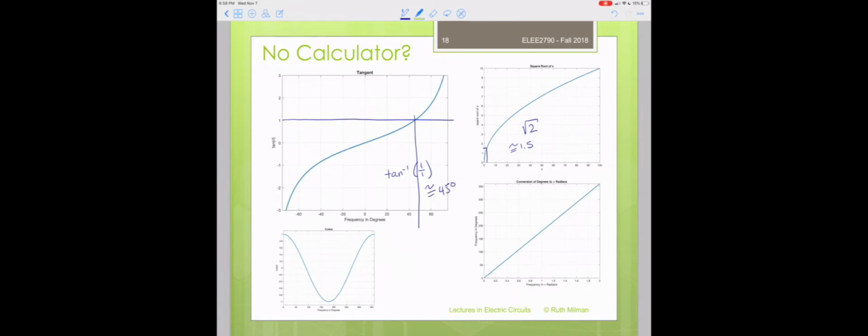So again, what you do is you take a look at the number that you're looking at, draw a line across it, find the point where that intersects, drop a line down, and that's equal to the number of degrees. So it's a fairly straightforward process. In fact, if you're going to do things with numbers, the square root, the tangent, and the cosine are all very convenient in order to do your calculations. You use the square root and the tangent in this part of the calculations, and later when you're looking at the time values, you're going to need the cosines.